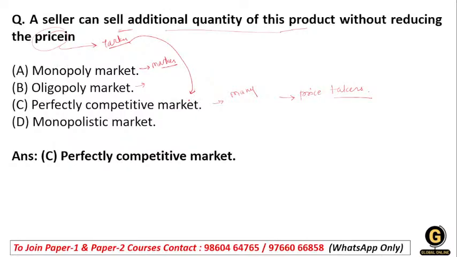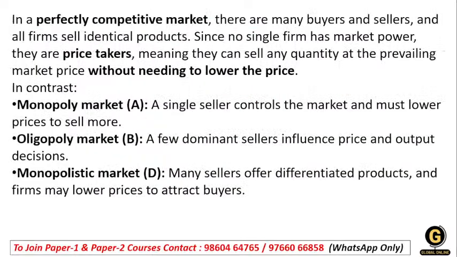So they can lower the price. Monopolistic firms also have the power to lower the price. Actually the perfectly competitive market is not realistically available, that means this is not real, this is just an assumption. So option number C will be the right answer.